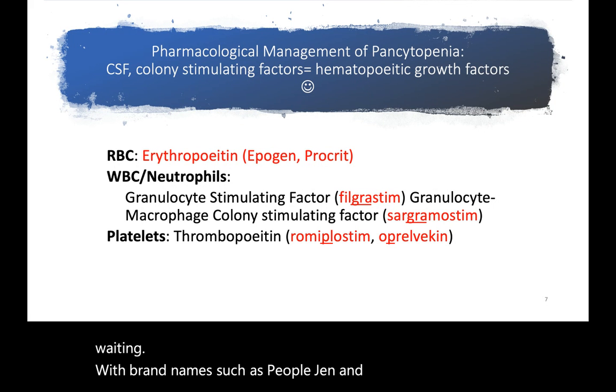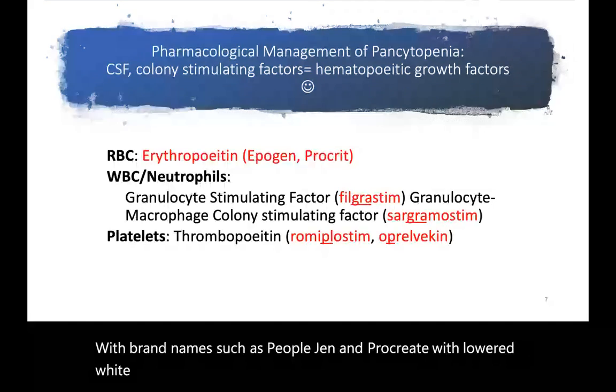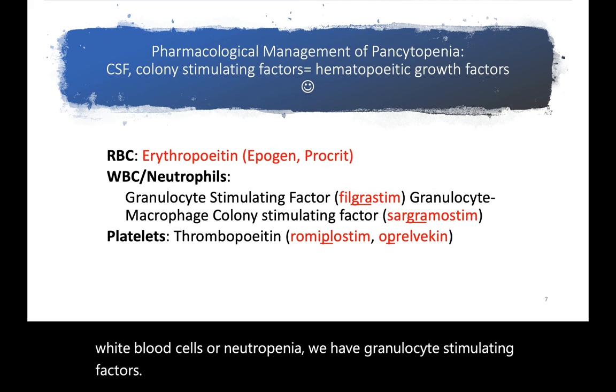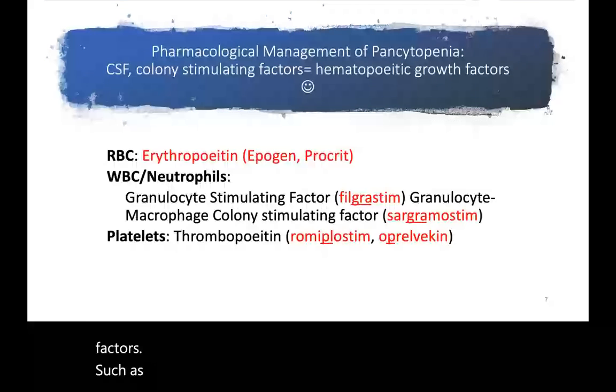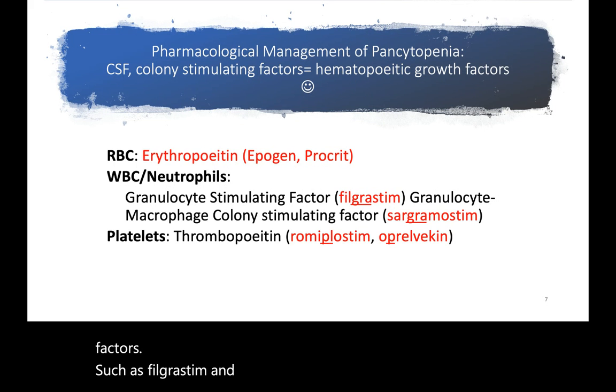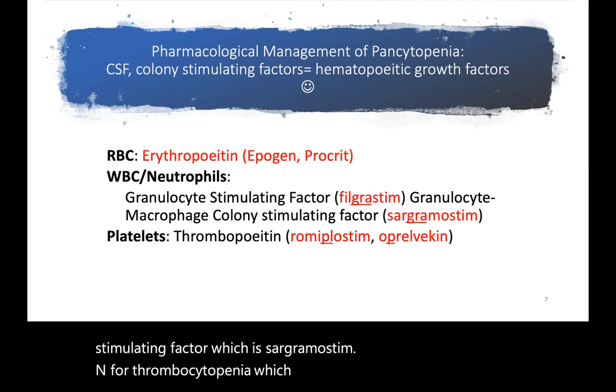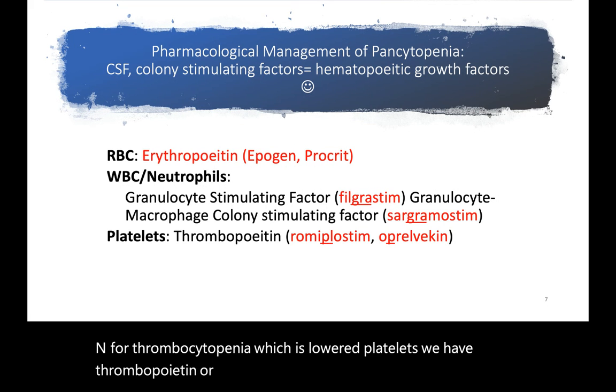With lowered white blood cells or neutropenia, we have granulocyte stimulating factors such as filgrastim and the granulocyte macrophage colony stimulating factor, which is sargramostim. And for thrombocytopenia, which is lowered platelets, we have thrombopoietin or romiplostim and oprelvekin.